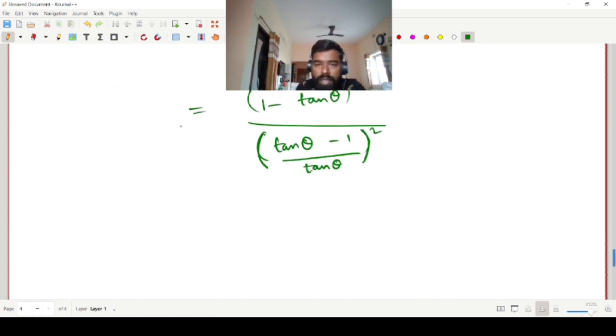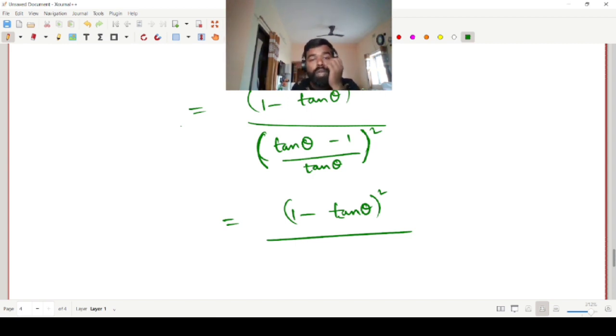So next is 1 minus tan theta whole square divided by... one thing I would like to do here is, the numerator contains 1 minus tan and the denominator is tan minus 1. There is no issue in writing a minus b whole square as b minus a whole square.